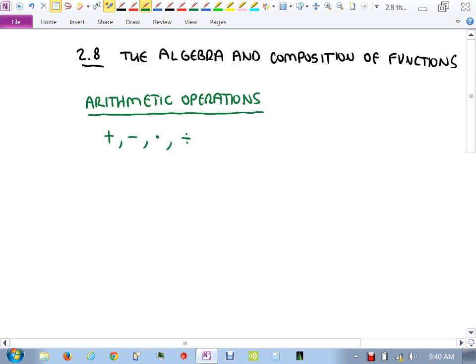What we're going to talk about today is using those same 4 operations on functions. So instead of giving you 2 numbers and saying add them, what if I give you 2 different functions and say add them? What do you do? It's pretty natural, it is what you think it's going to be. You just add them up. So when we do the arithmetic operations on functions, here's how it works.